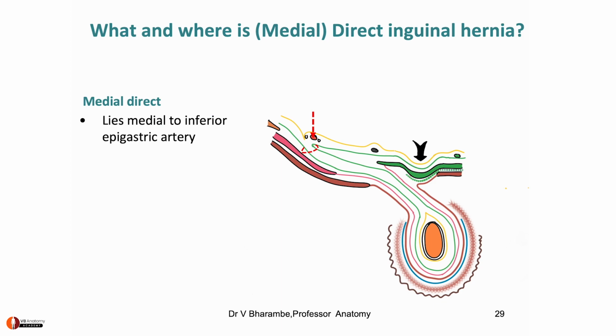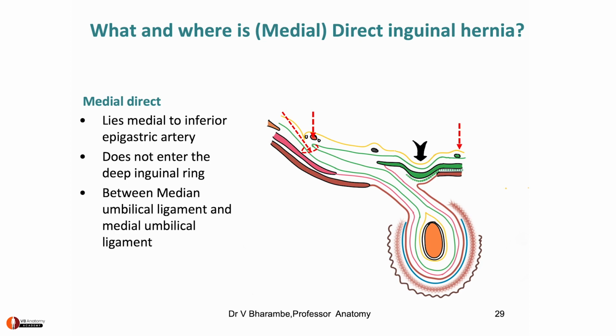It lies medial to the inferior epigastric artery and does not pass through the deep inguinal ring. It lies between the median umbilical ligament and the medial umbilical ligament, passing forward through the supravesical fossa. Got it? It passes forward in this manner, directly forwards.